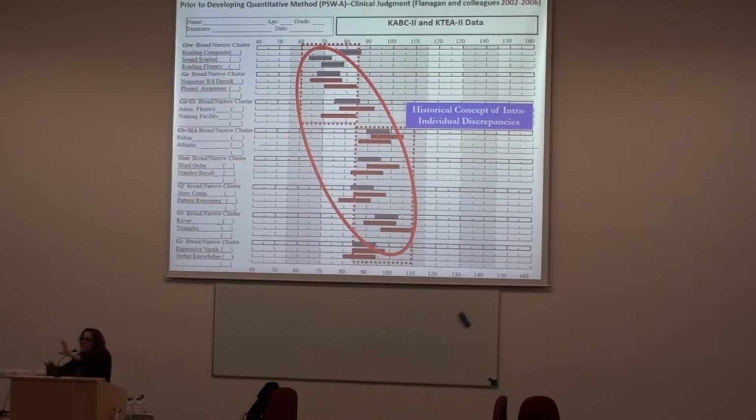Well, you still have all your discrepancies there, but those are not discrepancies that are consistent with specific learning disability, right? Because everything is at least average or better. Average ability is not a disability. If average ability was a disability, we'd all be disabled, right?